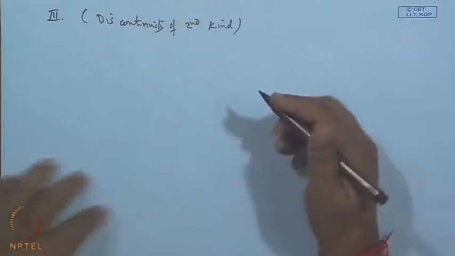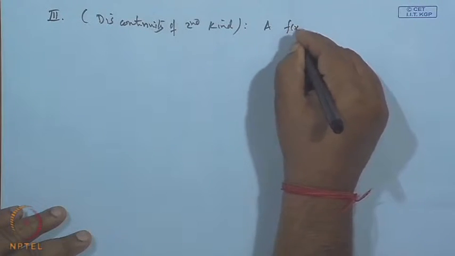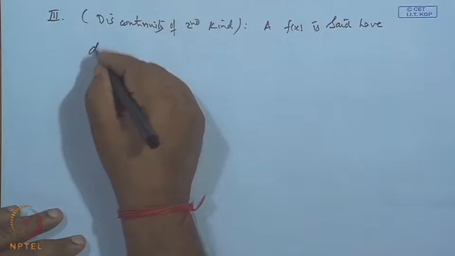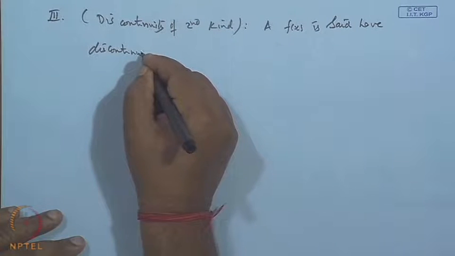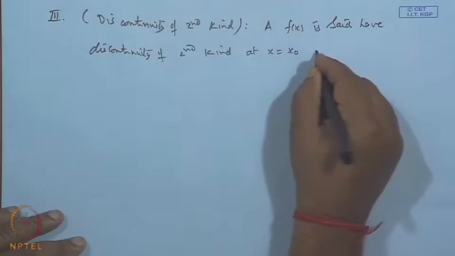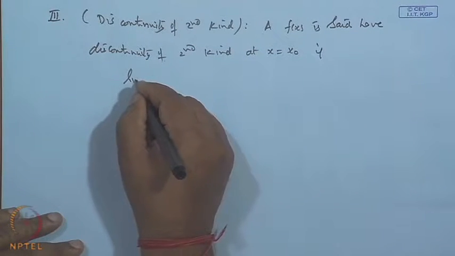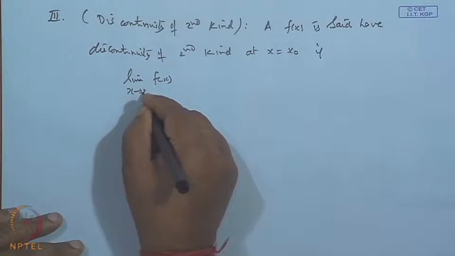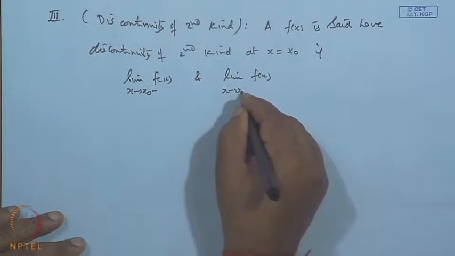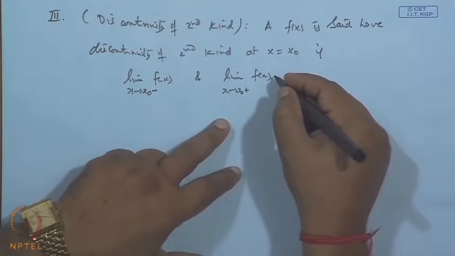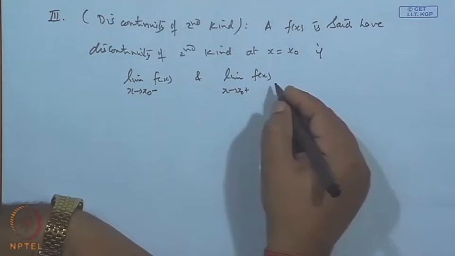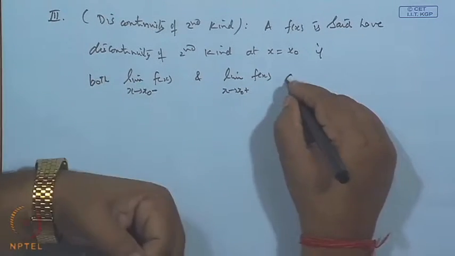That is, a function f(x) is said to have a discontinuity of the second kind at a point x equal to x naught if the left hand limit and right hand limit both do not exist.